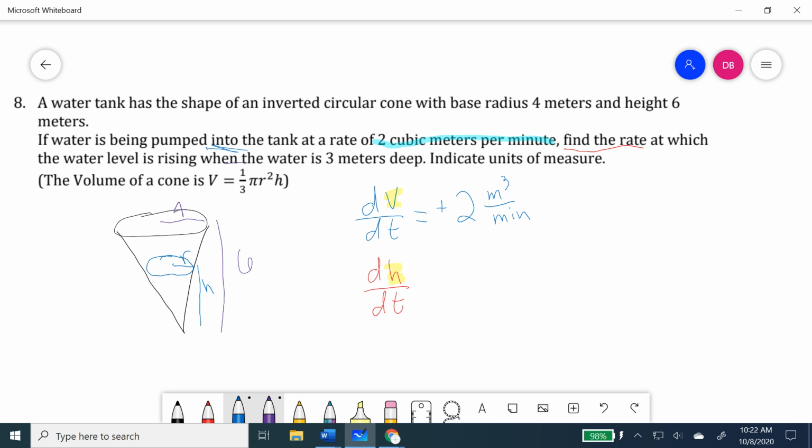So when I look at this formula, which you would be given on a test, I realize, yes, I have V, I have H, but I also have an R, and I do not know its rate of change. There's a long way, but let's look at the short way.